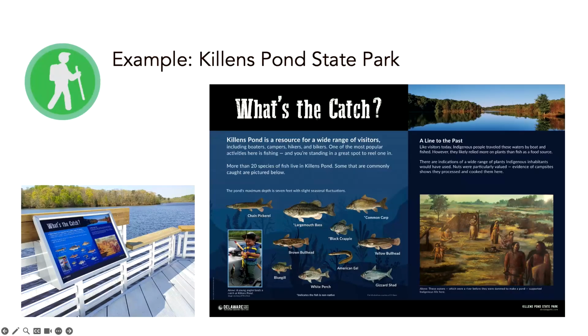We knew that anglers are a pretty sedentary group. We have a captive audience with them, so a wayside was a good media to use with them. We knew too that if they were sedentary, they could refer to this sign multiple times likely. We also know that anglers need space to cast their line and to cut their bait, so we put the sign to the side so they could still view it very easily, but that it was out of the way of their activity.